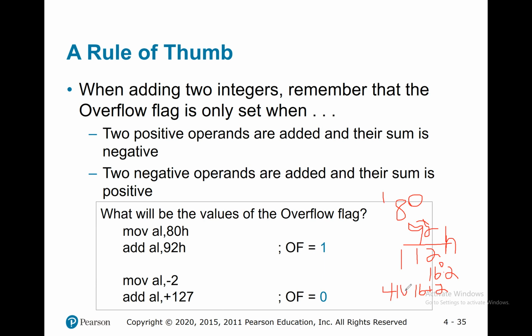When you add all these numbers up, they're going to be bigger than what a byte can hold. So 1 byte can hold from 0 to 255, and this is going to be a bigger number. So our overflow flag gets set.